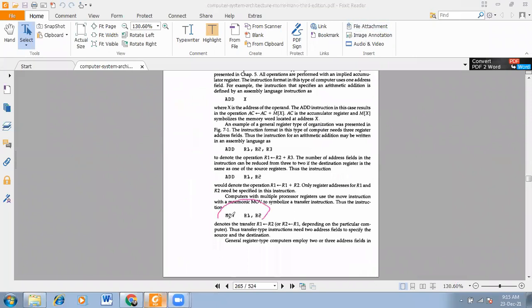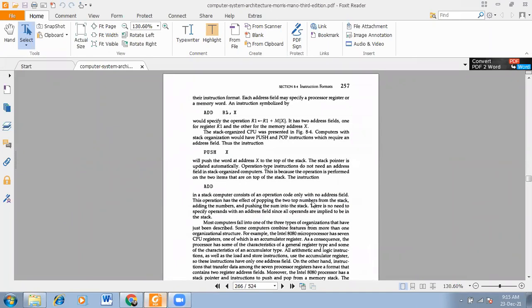Move R1, R2: the content of the register R2 is moved to R1. So lots of instructions are there, you can study them one by one. Here the last one is push X. So this is basically your stack organized CPU.